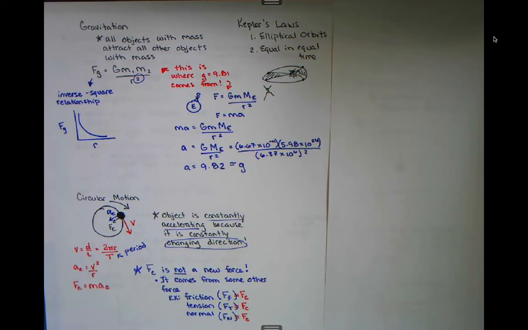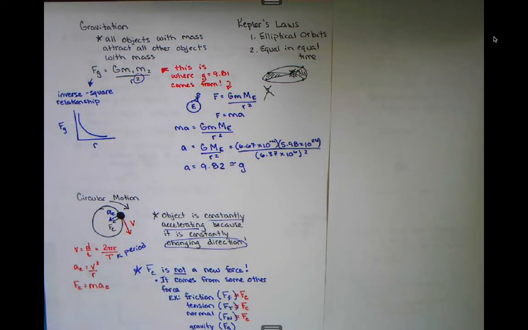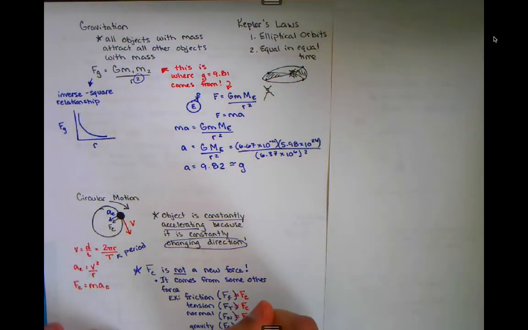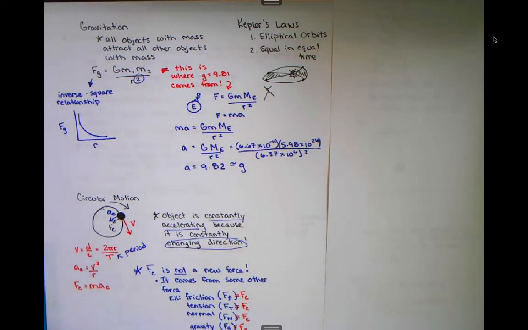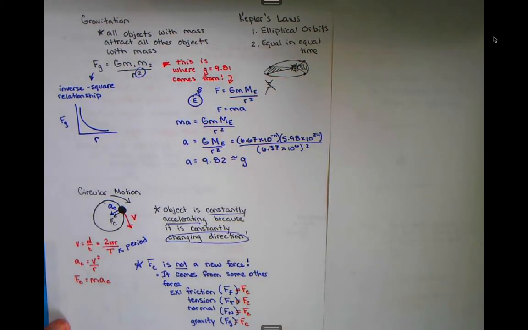It can come from tension if you're whipping something around on a string. It can come from the normal force. It could also come from gravitation, right? So gravity could provide that centripetal force if we're looking at planetary motion, right? And so Fg would be equal to Fc, right? So it's not a new force. You have to figure out where the centripetal force is actually coming from.